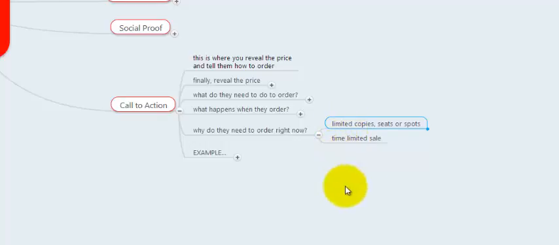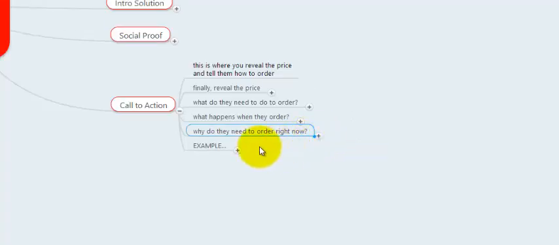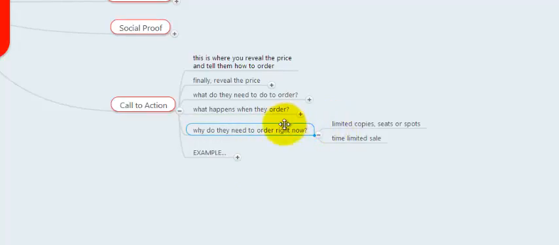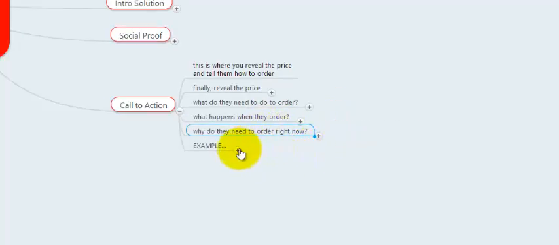Maybe you can only sell 100 copies of your course. Or maybe you're running a limited time sale, and in 5 days the price is going to go up, or it's going to double. Whatever the case may be, you need to give them that reason why they need to order right now. If you don't, your conversions are going to be much lower than if you did use this element. You always want to be using some type of scarcity element, okay?